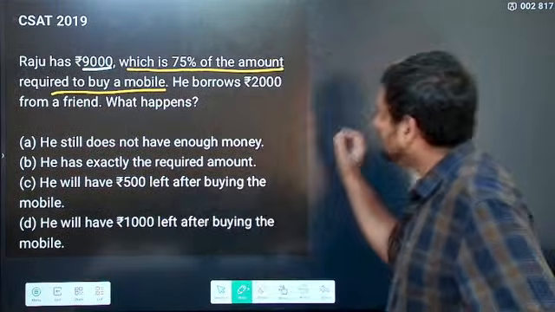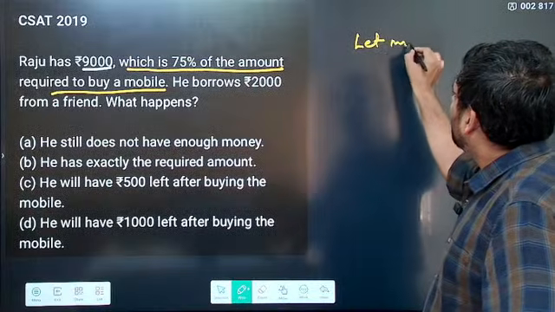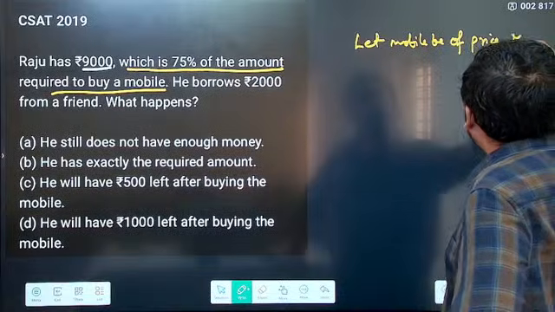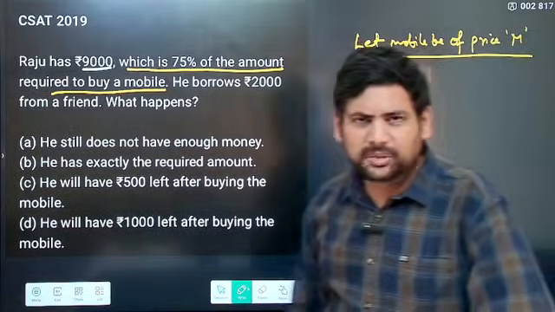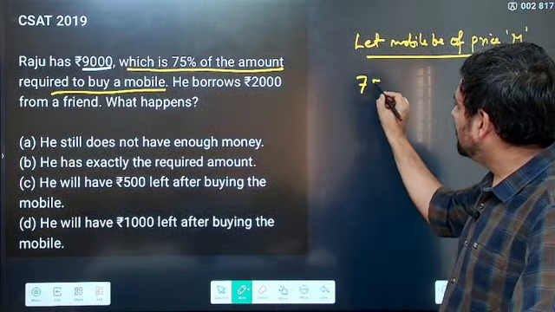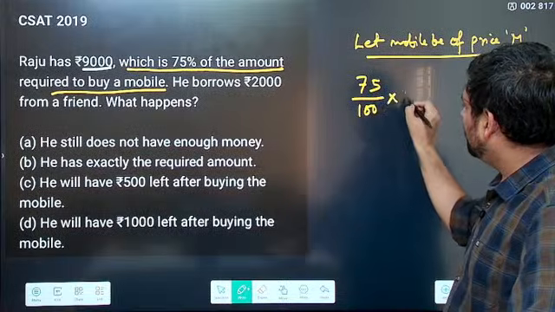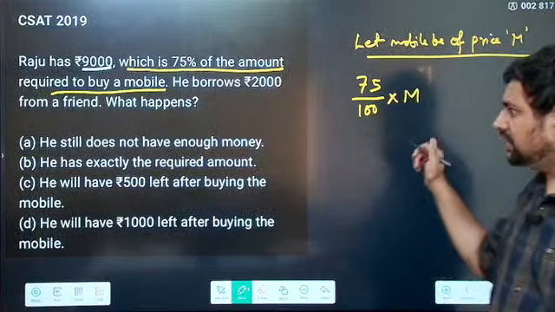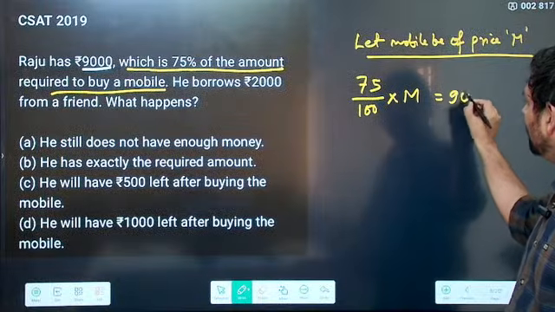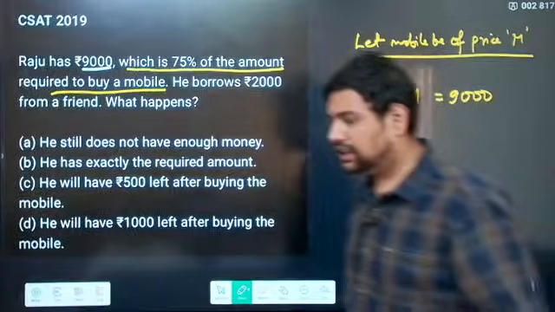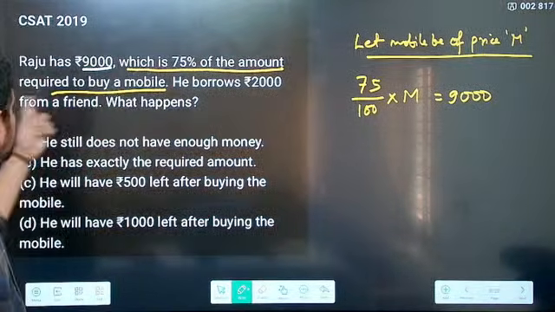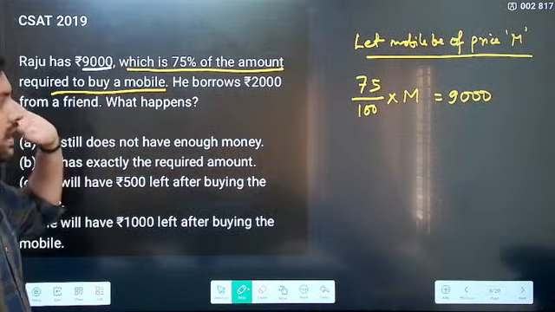First thing, let the price of mobile be M. Then 75% of M, which is the price of one mobile, is equal to 9,000 rupees. Correct? This is what this line means. Raju has 9,000 rupees, which is 75% of the amount required to buy a mobile.